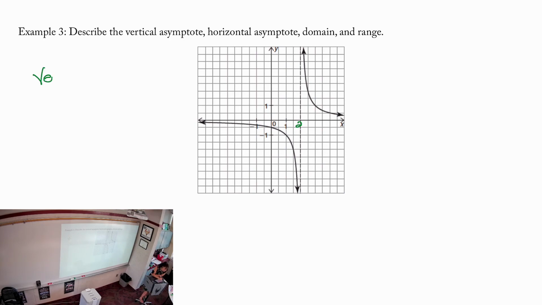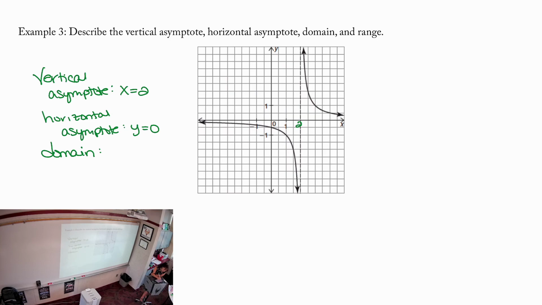But your vertical asymptote is x is equal to 2. My horizontal asymptote is y is equal to 0. Looks like 0. Make sure that you put the x equals and the y equals, because that does matter.